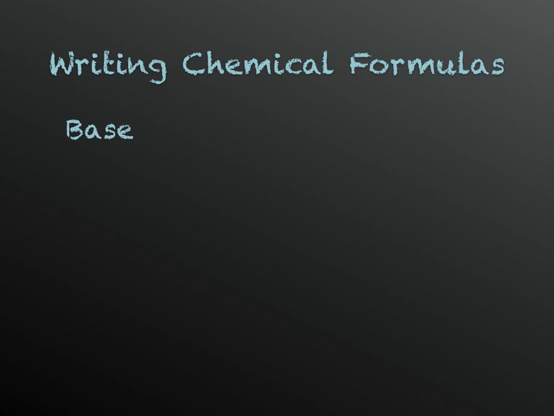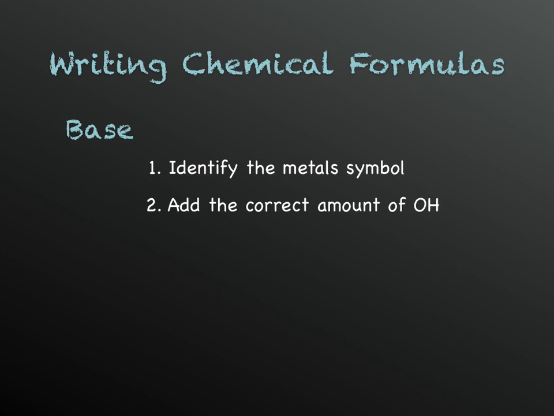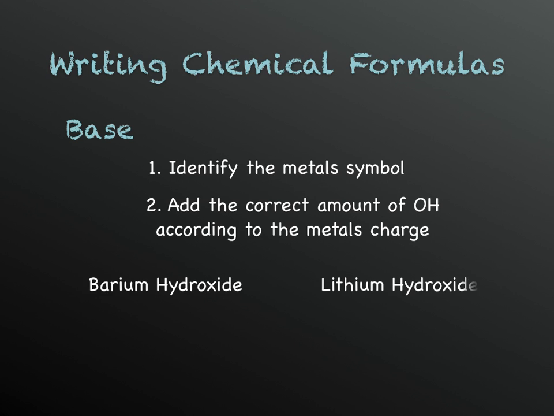Writing a formula for a base. Once again, identify the metallic, add the correct number of hydroxides according to the oxidation number. Look at an example here. We have barium hydroxide and lithium hydroxide. Let's look at barium hydroxide first.